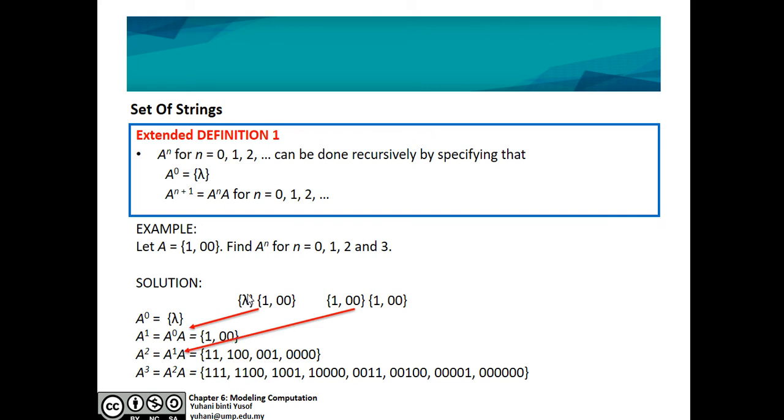Empty set means nothing. A2 means A1 concatenated with A. So you will get 11, 100, 001, 0000. Okay, please try for A3 and you will get this kind of answer.